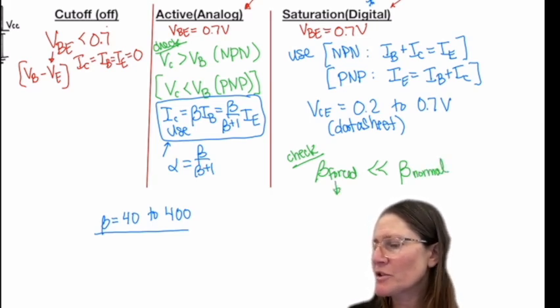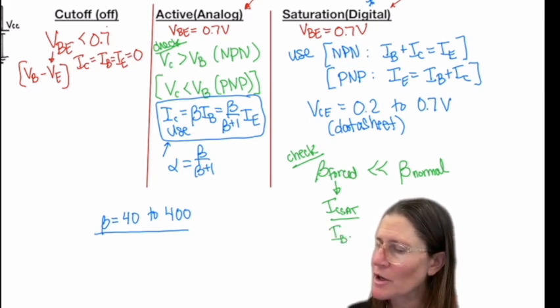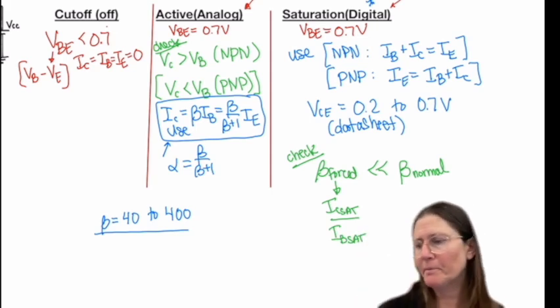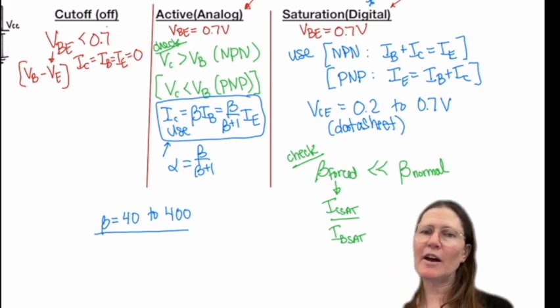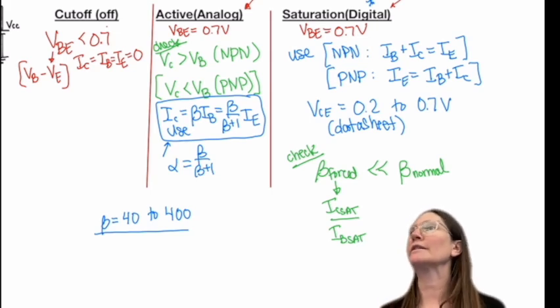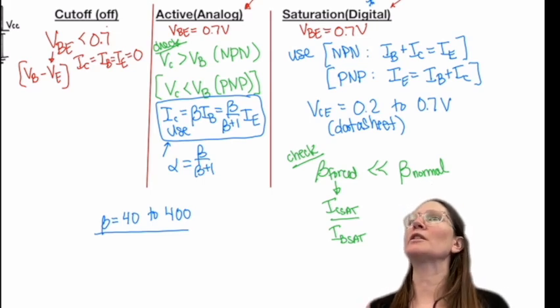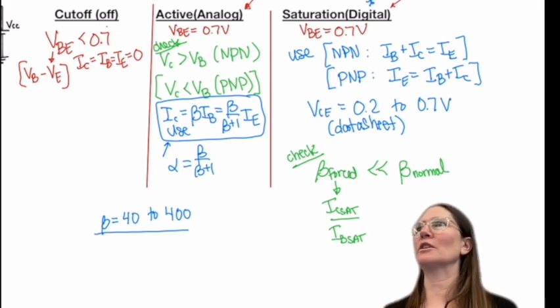Beta forced is going to be your saturated current for your collector over your saturated current for your base. So you just find those values and find that beta forced. And as long as it's a lot lower, like say beta is typically around 100, and if you find beta forced to be 1, then you're like, yes, I'm definitely in saturation.